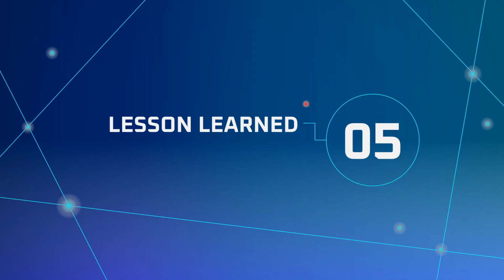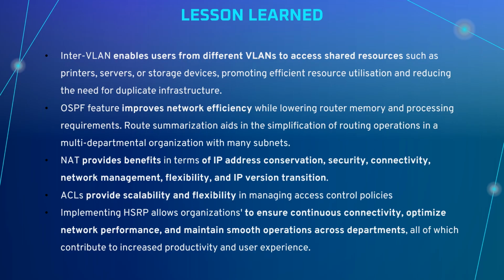Last but not least, the lesson learned from this project. What we can get from this project, the VLAN enables users from different VLANs to access shared resources such as printers, servers, or storage device, promoting efficient resource utilization and reducing the need for duplicate infrastructure.